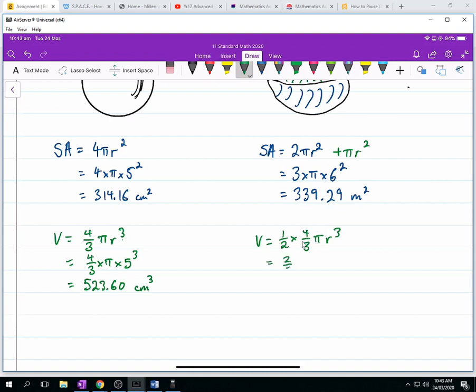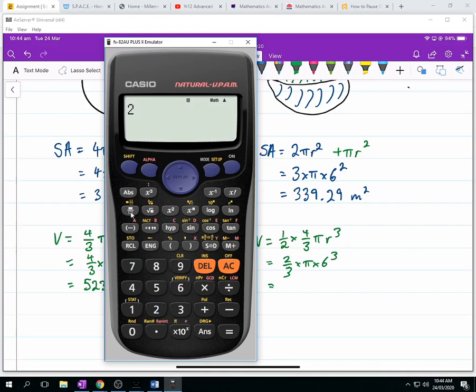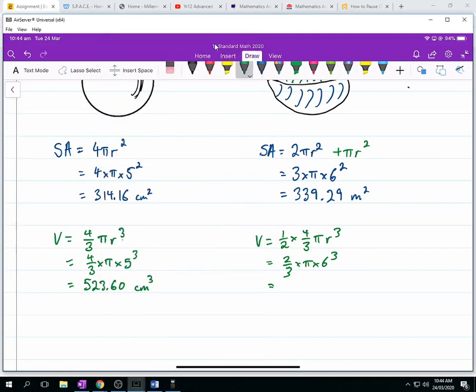So we should have got 2/3 times pi times 6 cubed, which gives us 452.39 cubic meters.